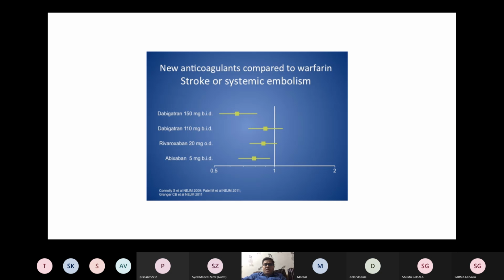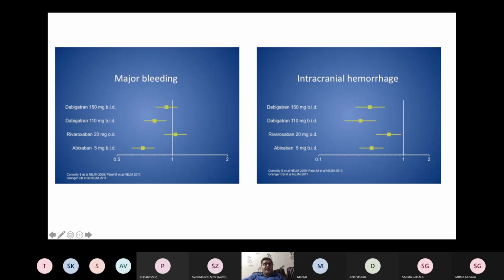So when we compare these NOACs, dabigatran 150 BD scores much higher than other NOACs in comparison to warfarin in terms of preventing stroke and systemic embolization. Whereas when compared for bleeding, apixaban is much safer.